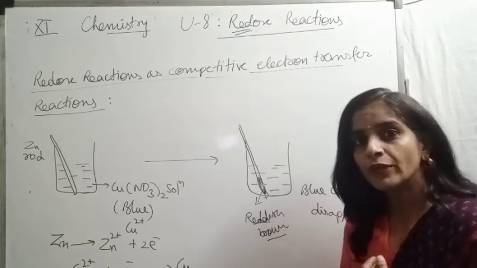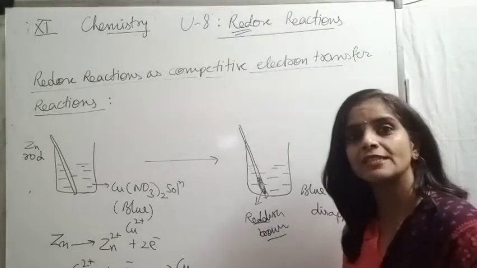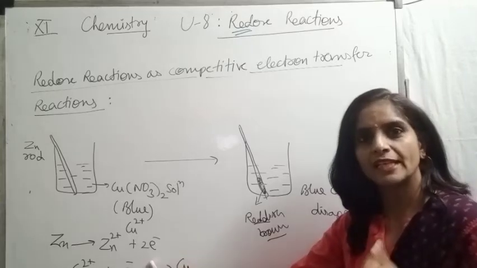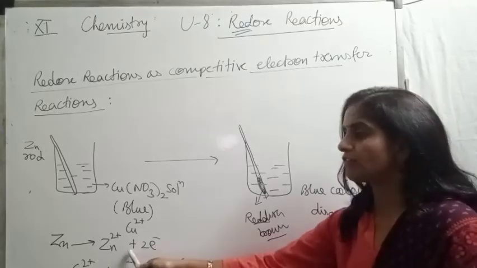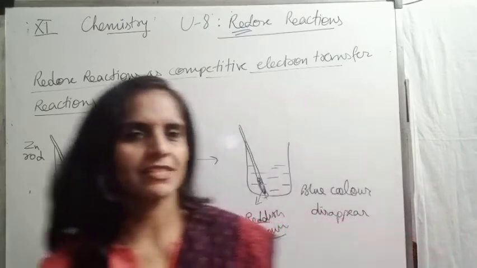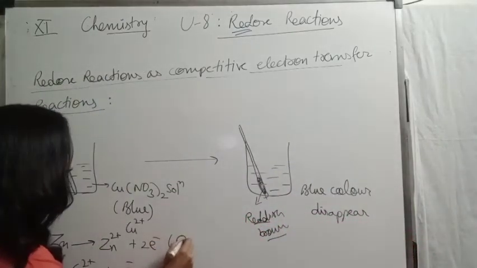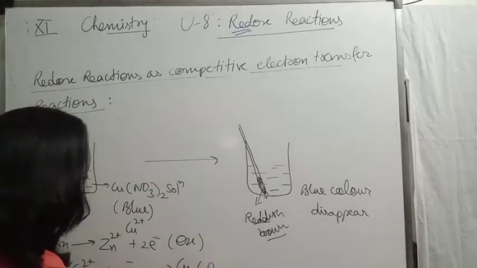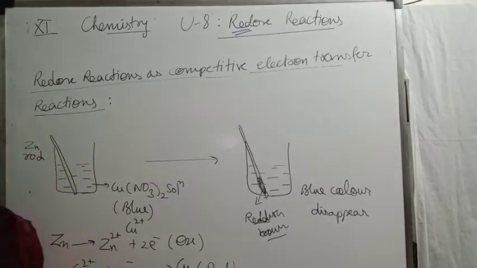So now overall, is this reaction a redox reaction or not? Just apply the concept of loss and gain of electrons here. Loss of electrons is oxidation, so here zinc is getting oxidized, and gain of electrons is reduction, so copper is reduced.